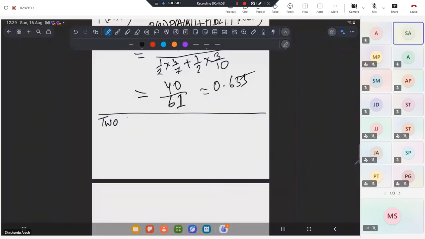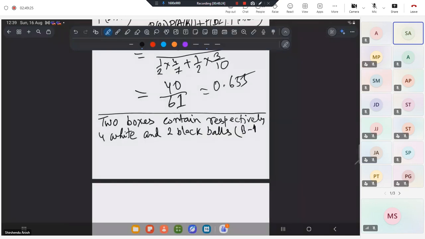Two boxes contain, respectively, 4 white and 2 black balls, say this is box 1, and 1 white and 3 black balls, so this is box 2.